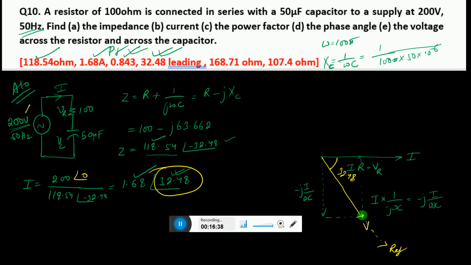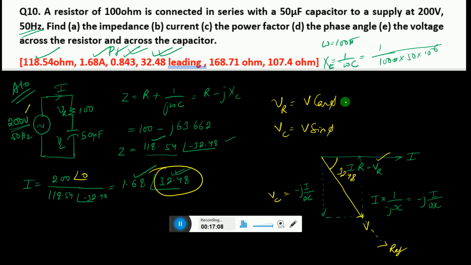Also, if somebody asks for the power, VR is there, so it is the cos phi component of it. The cos component gives the power in the x-axis. So here we can write VR is equal to V cos phi, and VC is equal to V sin phi.